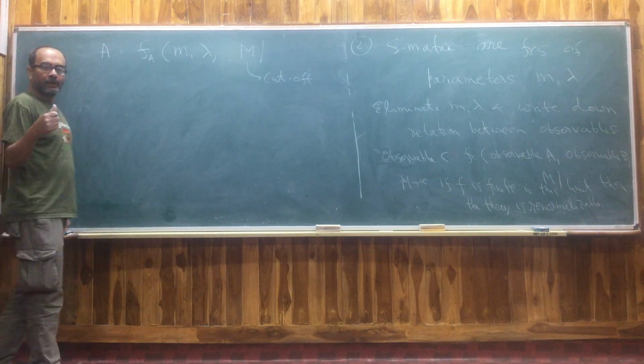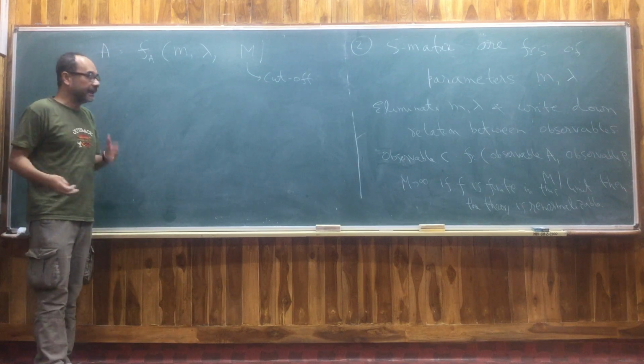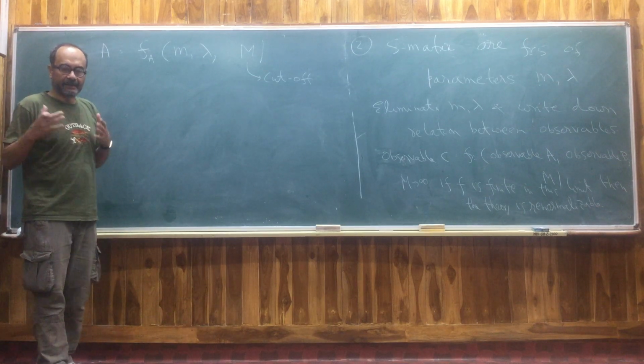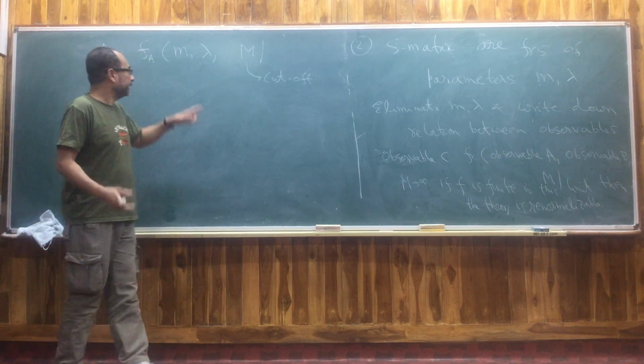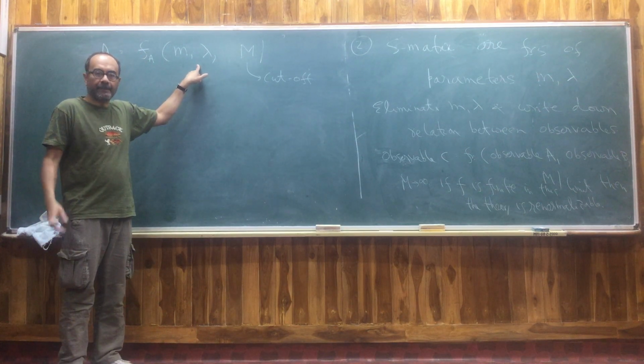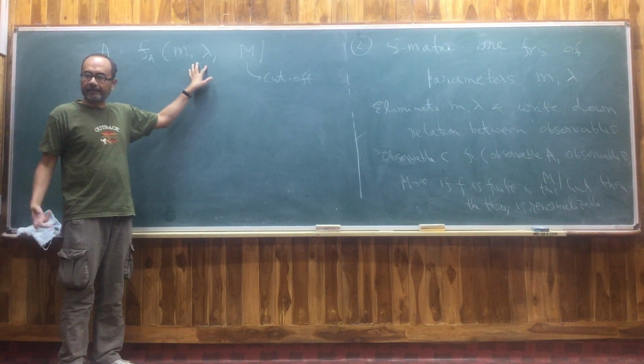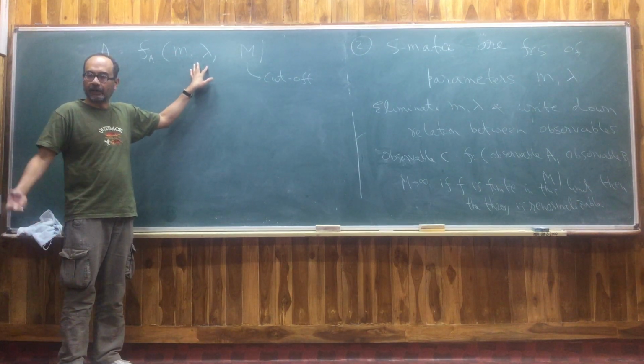But now we ask a slightly different question. Again, that relies on the fact that these are not physical quantities. These are some parameters that you have written in the Lagrangian. Experimentalists don't measure these directly. Experimentalists only measure the S matrix, other observables.